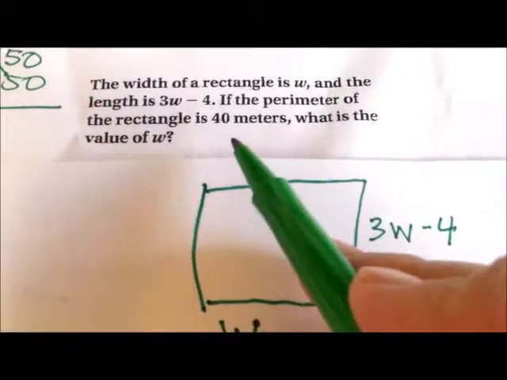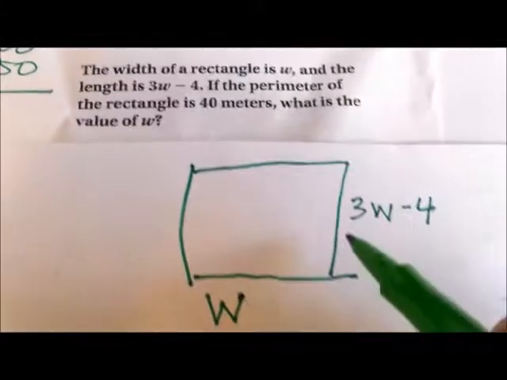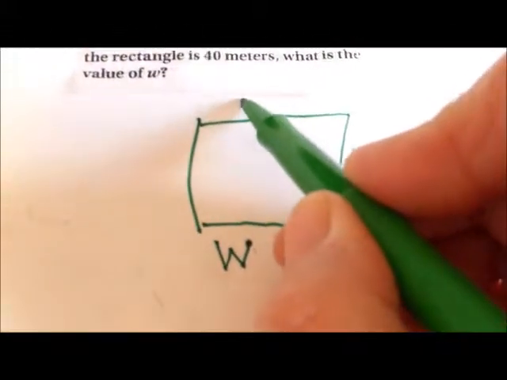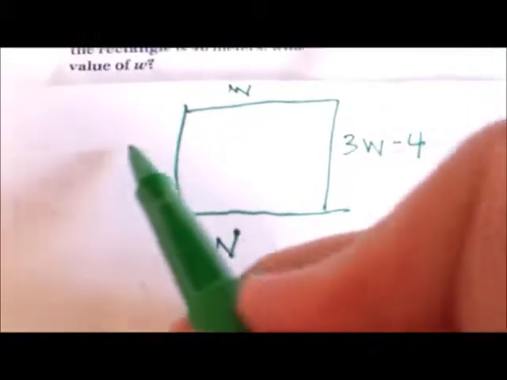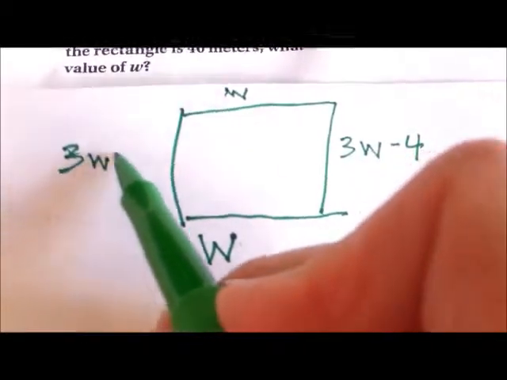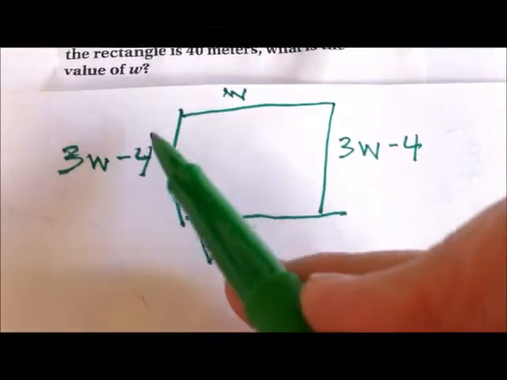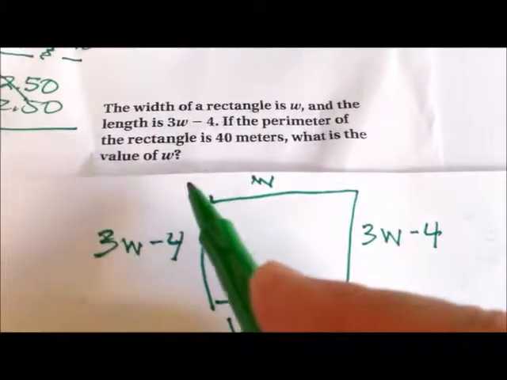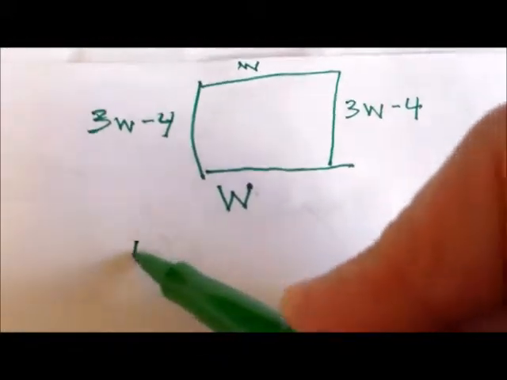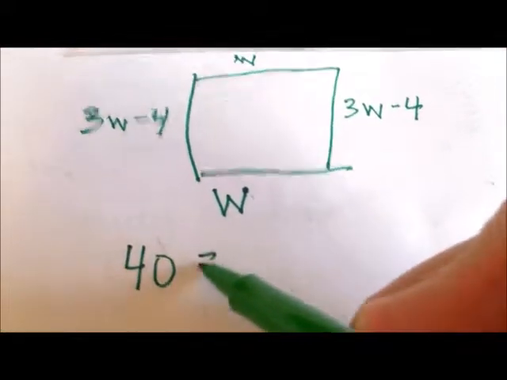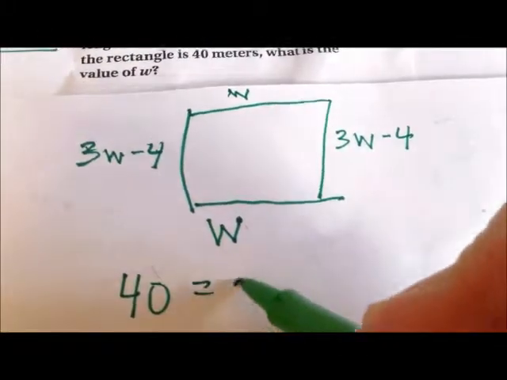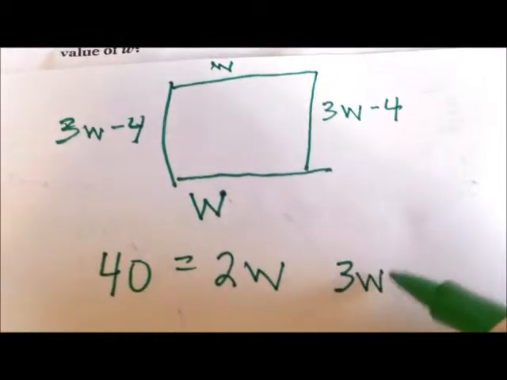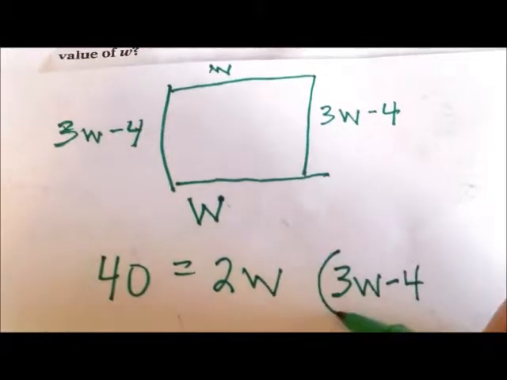And the perimeter is 40 meters. So what's the value of W? Well, perimeter is the distance around the outside. So that means I'm going to have to add W 2 times and 3W minus 4 2 times, because if I add all 4 of these sides, I should get 40 meters. So that means I'm going to have 2 W's, and then I'm going to have 3W minus 4 2 times.